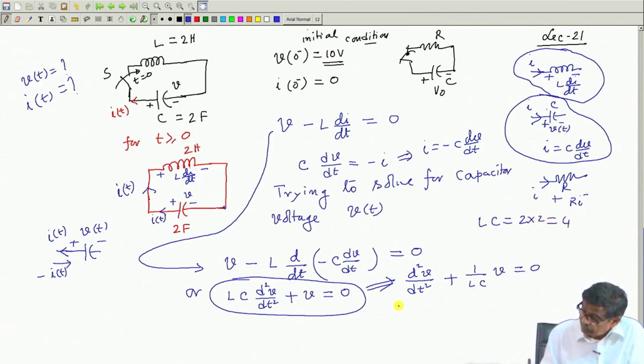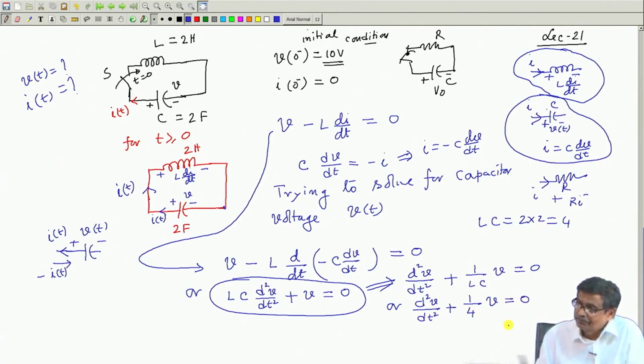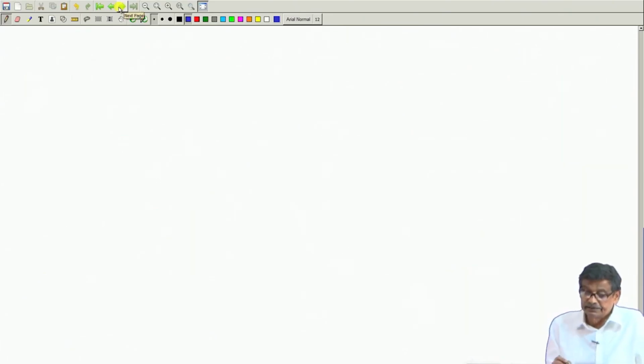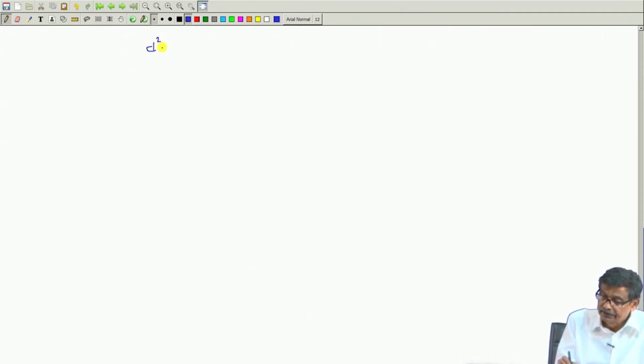Putting the values, it will be d2v/dt2 plus 1 by 4 into v is equal to 0. This is the differential equation.